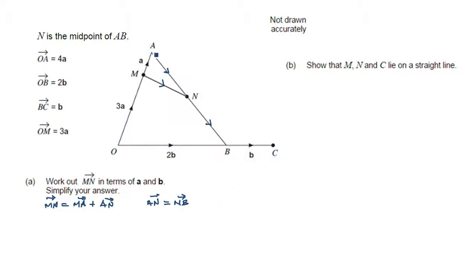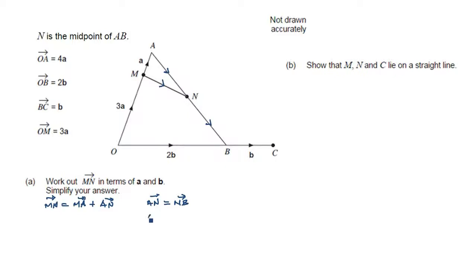Now, we've got this vector here from M to A, but what we don't have is A to N. How are we going to get A to N? Well, we know that A to B is available. To get from A to B, we can go from A down to O and from O to B, and so we've got all the vectors in place to do that. So that's the first thing we're going to do.